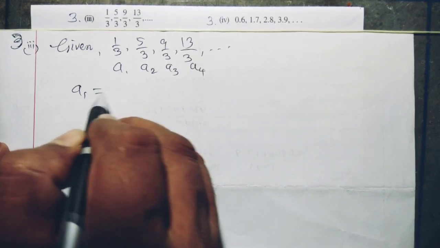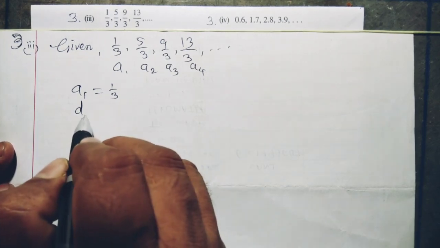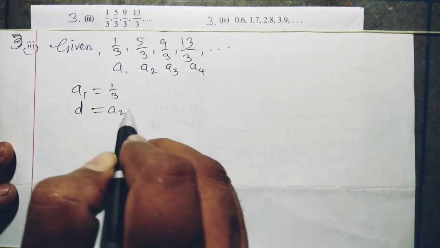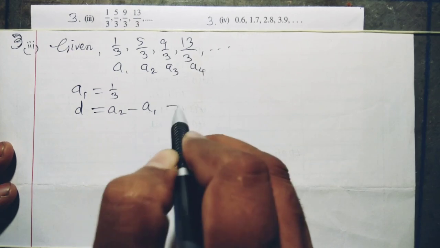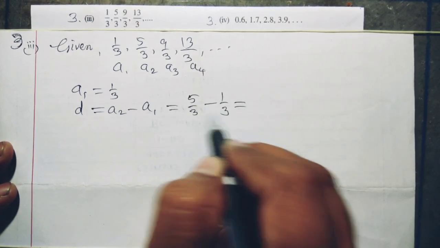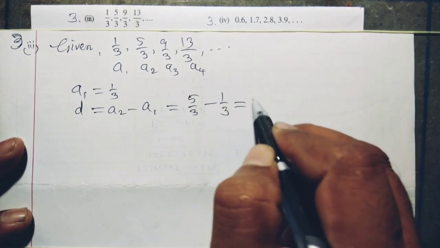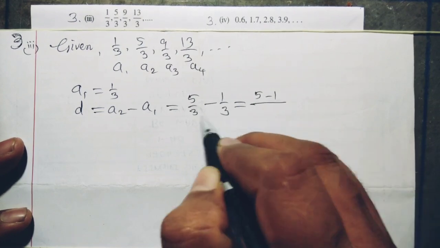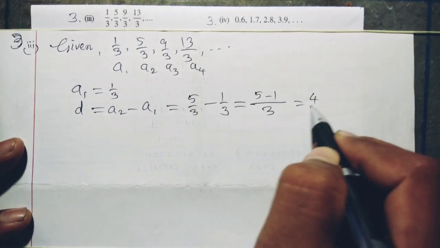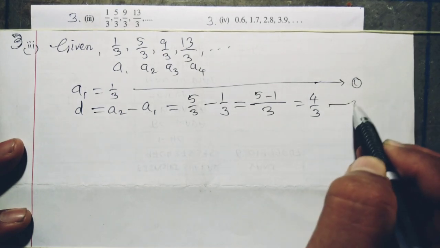First term A1 is equal to 1 by 3. Common difference D is equal to A2 minus A1, that is equal to 5 by 3 minus 1 by 3. These are like fractions. Subtraction of like fractions is equal to the difference of numerators by the common denominator, 4 by 3. So this is the first answer, this is the second answer.